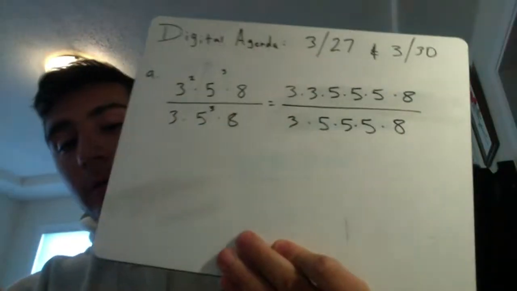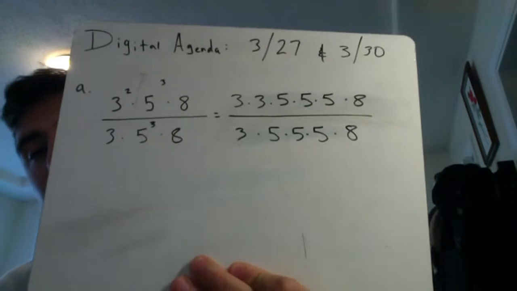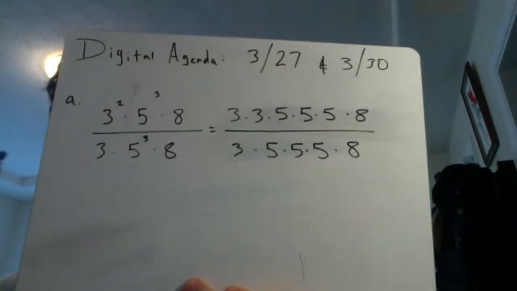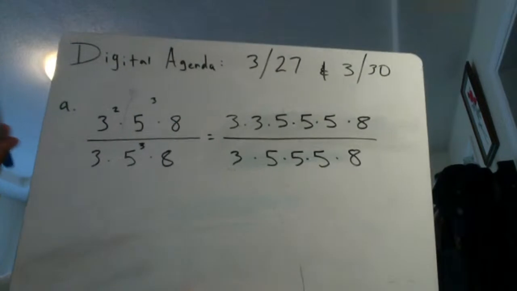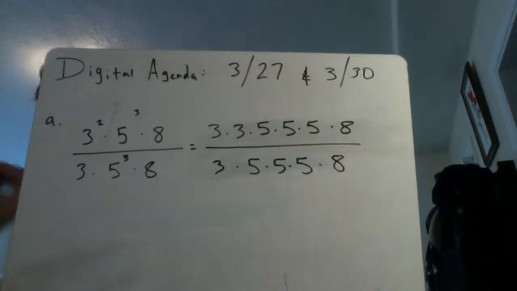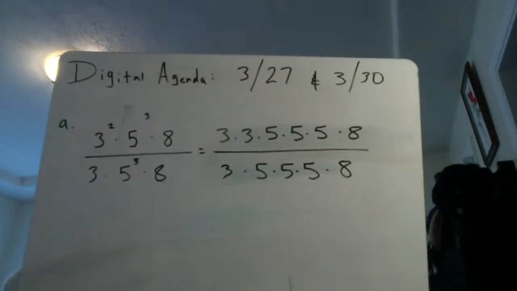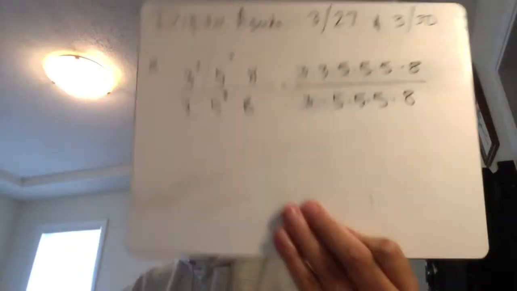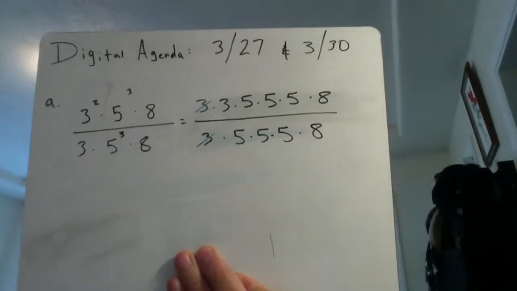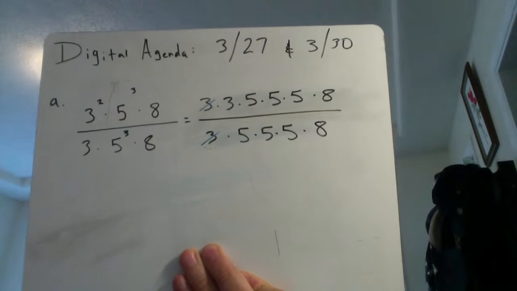Okay, in blue, I'm going to cross off the number of times I see 3 in the numerator and the denominator in a blue slash. Meaning when I look at the expanded form, I see I have 3 times 3 in the numerator and 3 in the denominator. So since I have it in the numerator one time and the denominator one time, I cross them off there in blue checks.